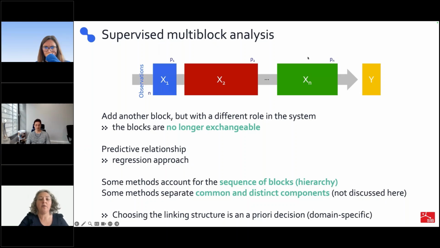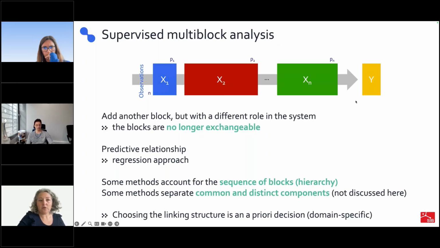So here, same as before, you will compute latent components, latent variables from the different blocks, and you want to regress those latent variables on the Y response.